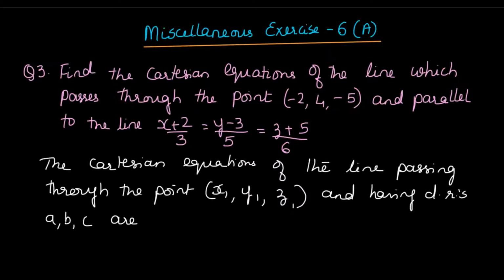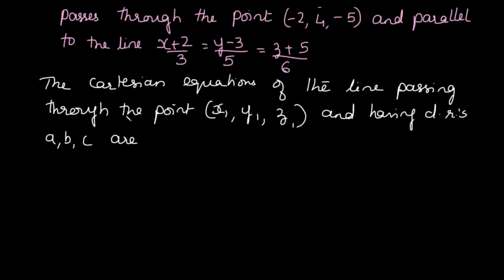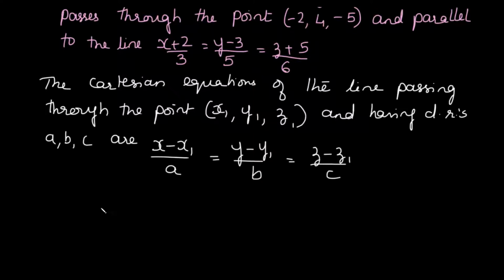That is, you have learned this equation previously. They are given as x minus x1 upon a is equal to y minus y1 upon b is equal to z minus z1 upon c.